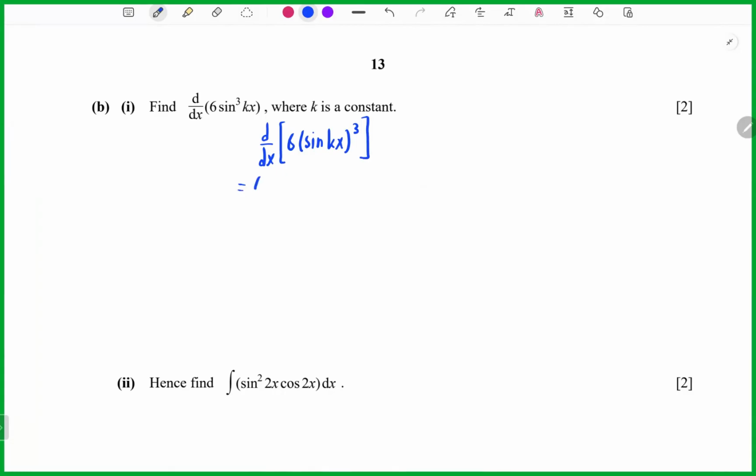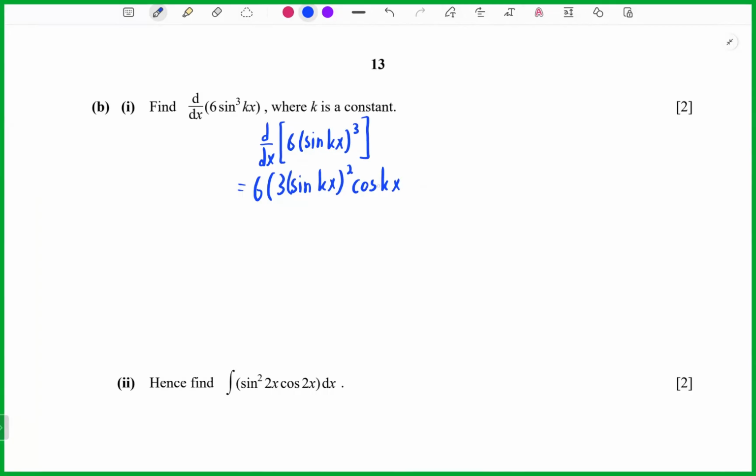So I can write here 6. Because of the power, yes, you can use the power rule. So you can write 3 sine squared, reduce the power to 2. And then you multiply for this. Sine will become cos. Cos kx.